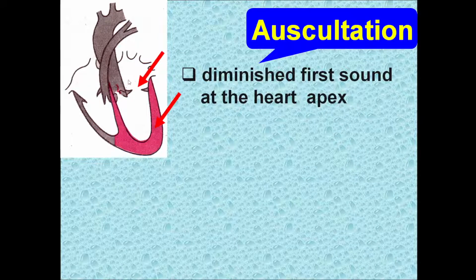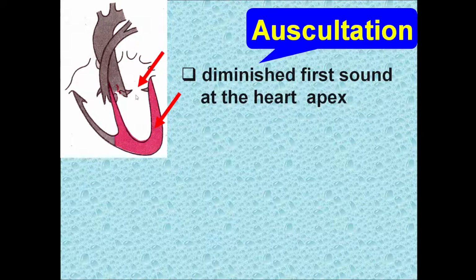You see the first sound is diminished as in the case of mitral regurgitation, with its muscular and valvular components. But in mitral regurgitation the valvular component is affected due to anatomic defects, a shortened mitral valve due to pathological growth of connective tissue.